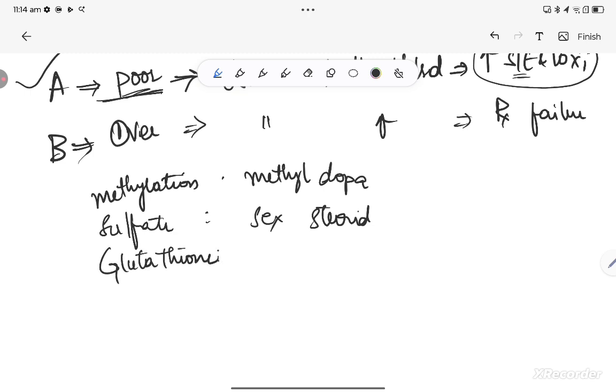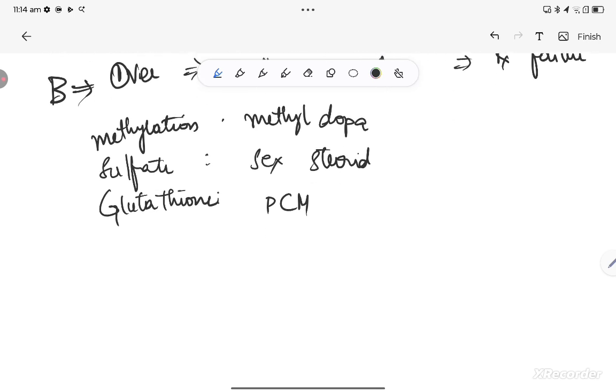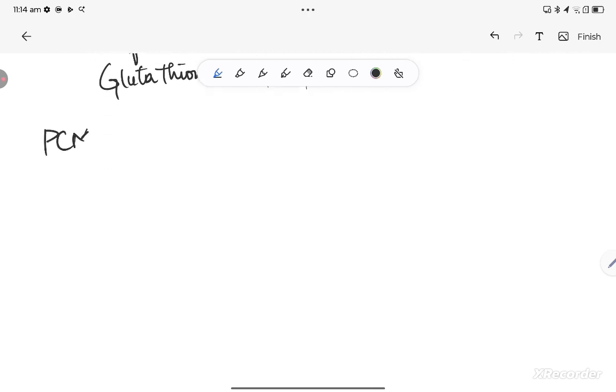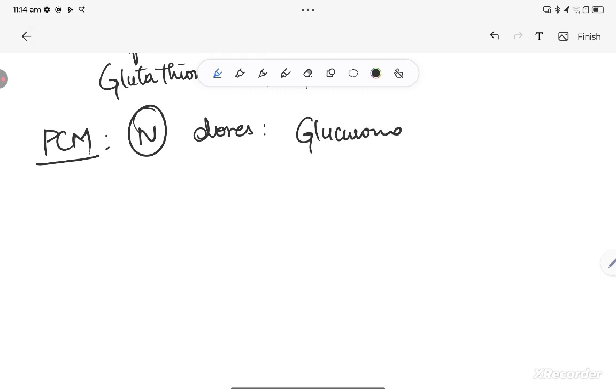See, paracetamol is usually given at a dose of 500 milligram to 1 gram. Paracetamol in normal doses will be metabolized with what? Glucuronide. Clear? Major will be glucuronide, minor will be glutathione.